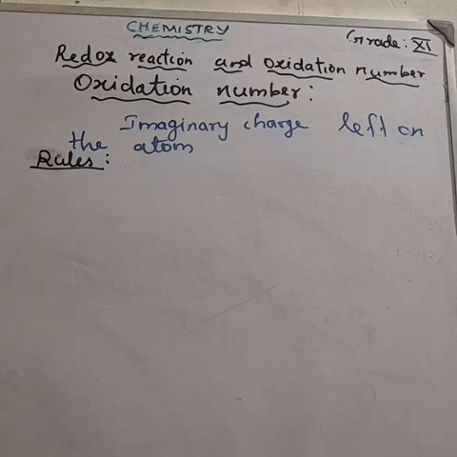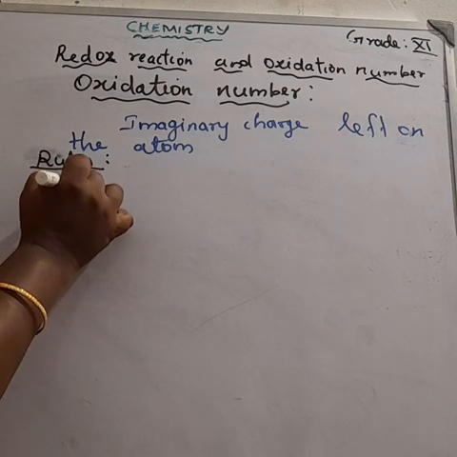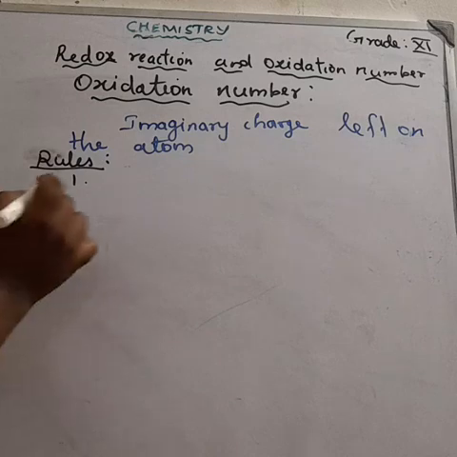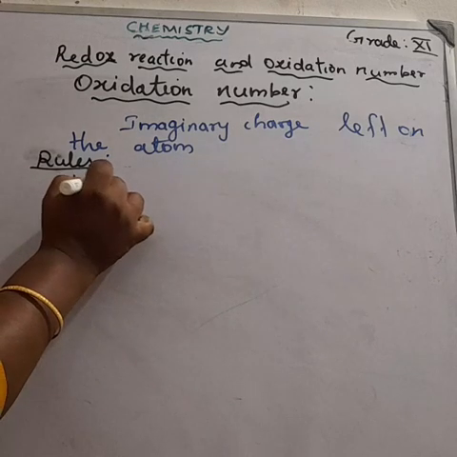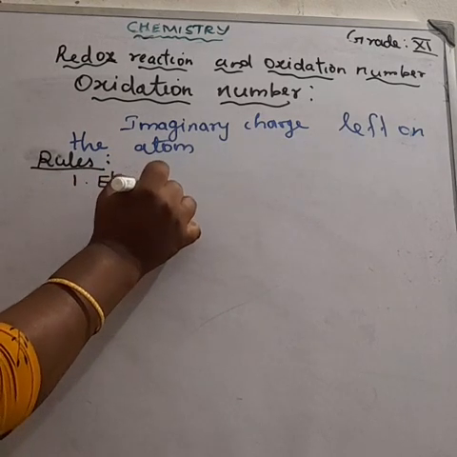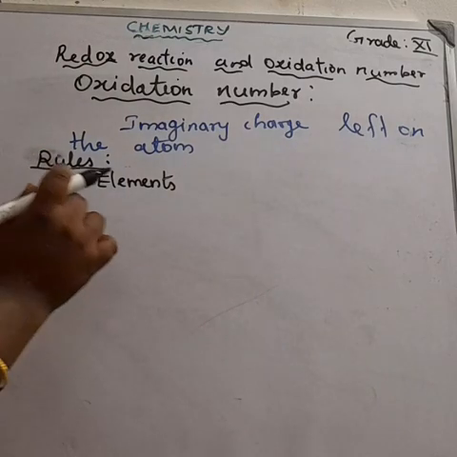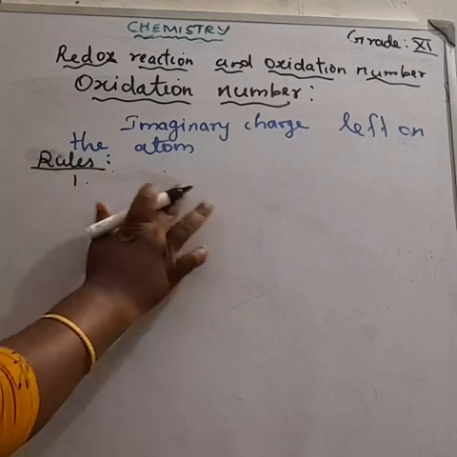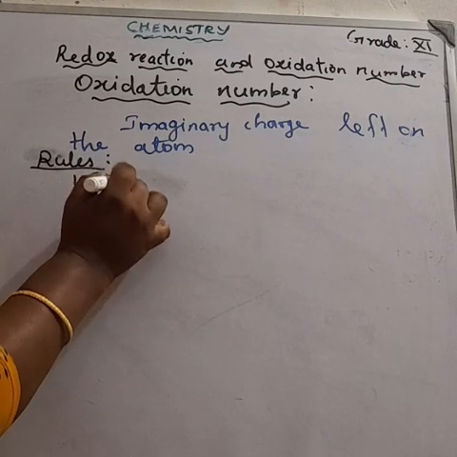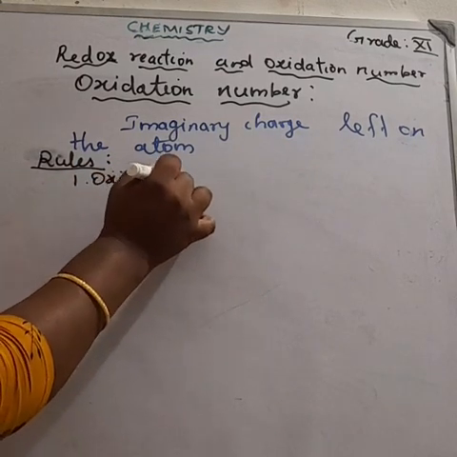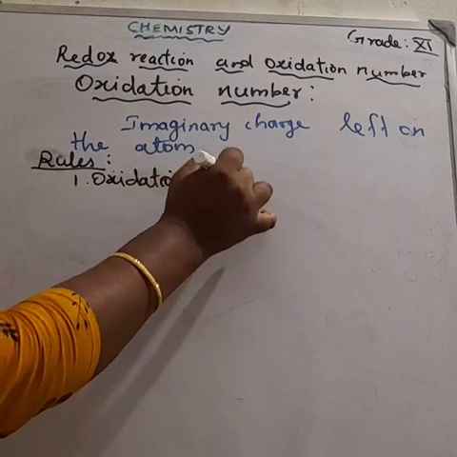So what is the first rule? The first rule: elements in the uncombined state. The oxidation state of a free element. What do you mean by free element? Free element means the element in its uncombined state, that is the free state.